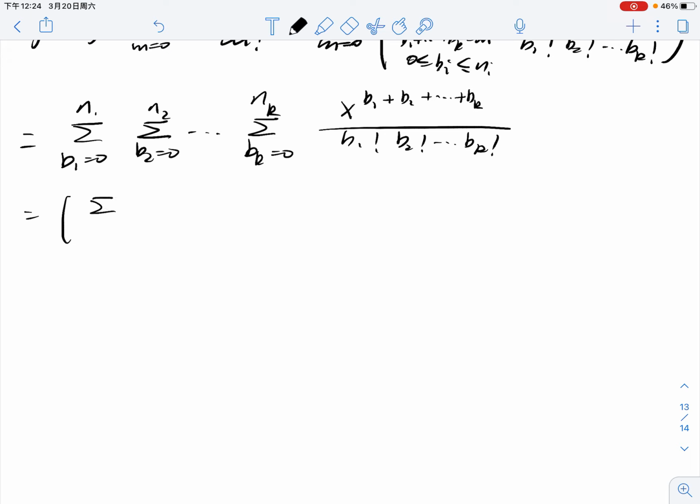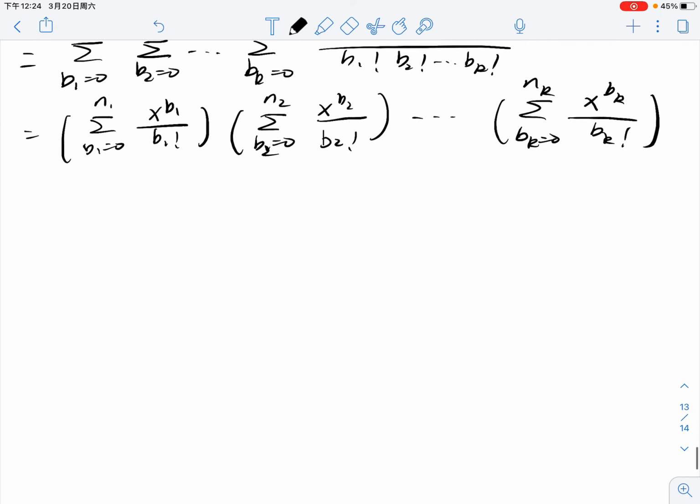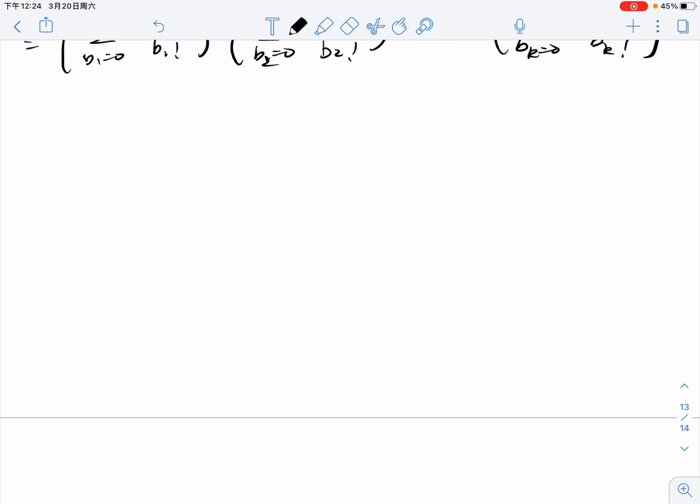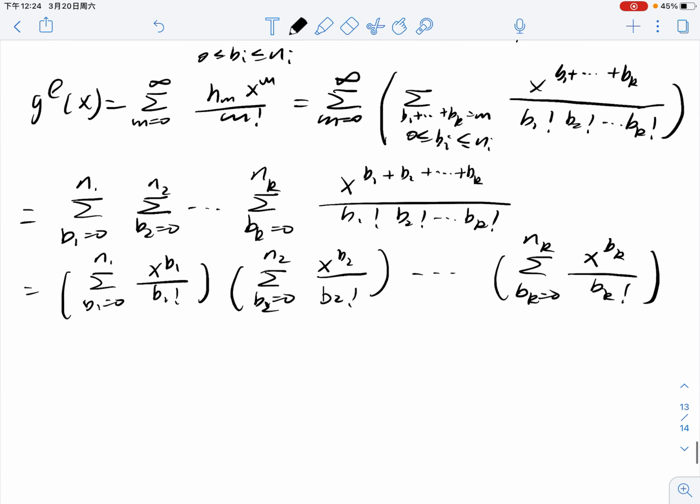And then you can further break it by the distribution law: the sum over b1 of x^b1 over b1 factorial, the sum over b2 up to n2 of x^b2 over b2 factorial, and finally the sum over bk of x^bk over bk factorial. Okay, so we are done here.